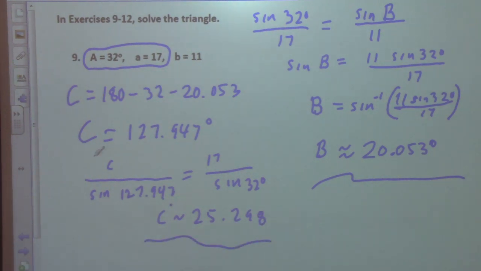So little c, big C, and big B. Okay? Does that make sense a little bit? It's the same formula that Kinsey put up there, right? Same formula.